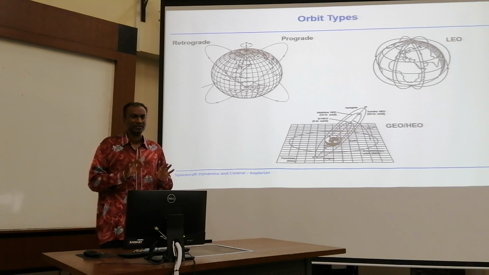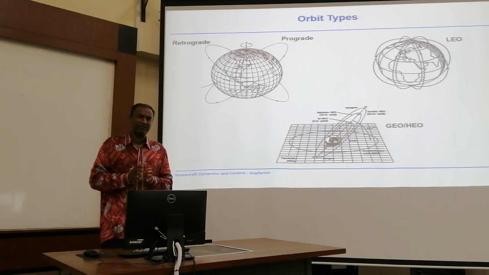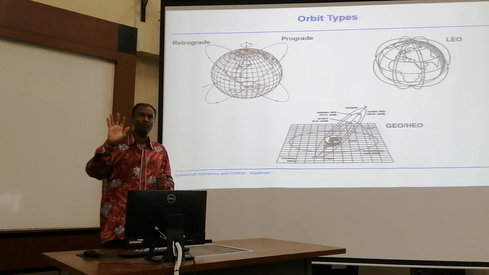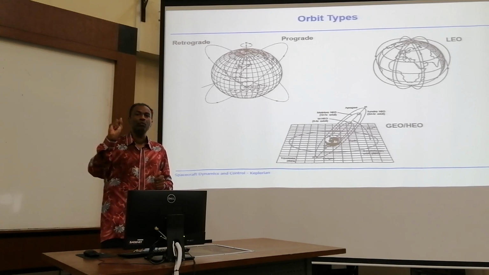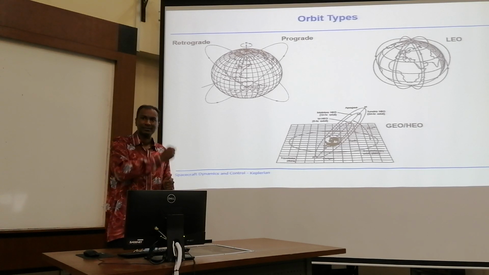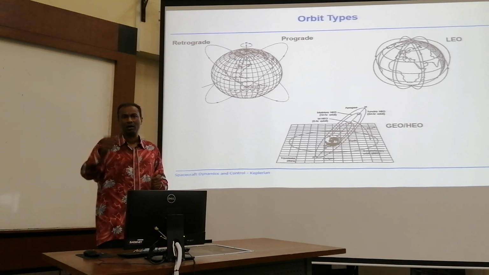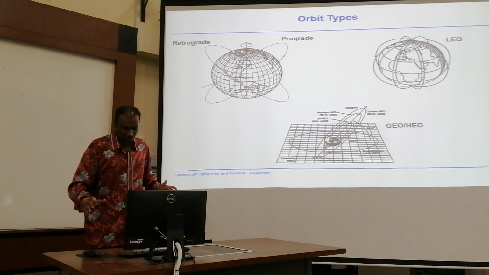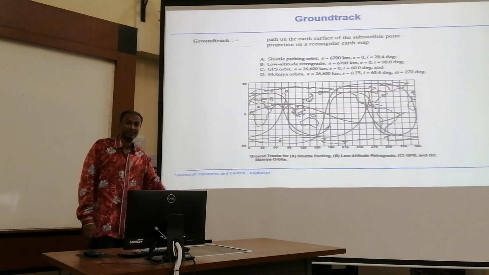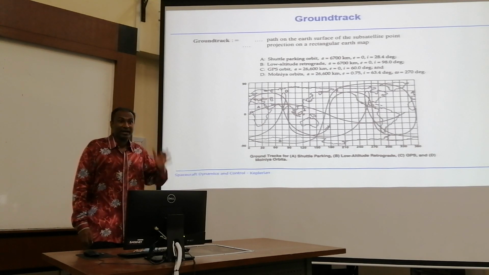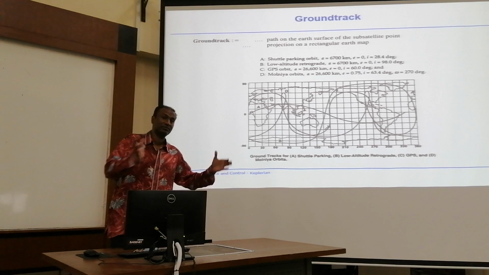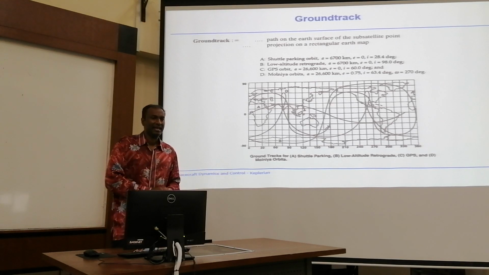Okay, remember in chapter 1 we defined your local vertical, local horizontal, and your body coordinate. That will be applicable for all the orbit types, regardless where you are. It doesn't change. We have seen ground tracks. You can have any ground track. So when I said just now, regardless of the orbit type, it can be any shape.